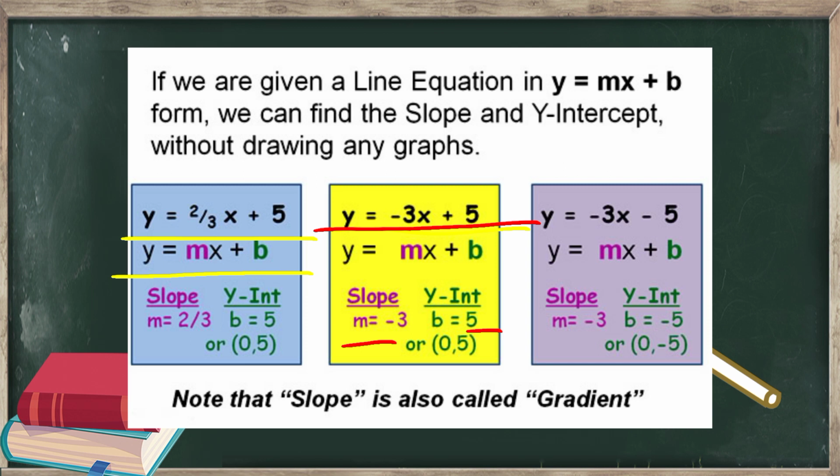Therefore, the slope is negative, the line decreases. So let me show this. The line will decrease if the slope is negative, and if the slope is positive, the line increases. Okay?